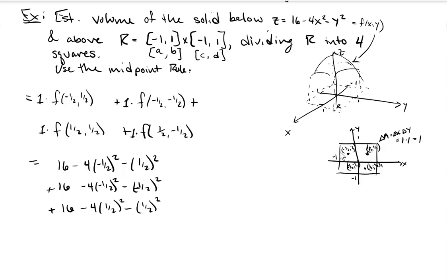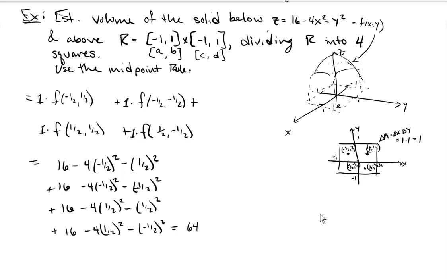And finally, f at half, negative half. And you'll notice that the positive or negative in these terms doesn't matter because of all the squaring. So these are really all looking like the same exact quantity. Let's just write out what we get here. We have 4 copies of 16 being added up. What is that? That's 64.